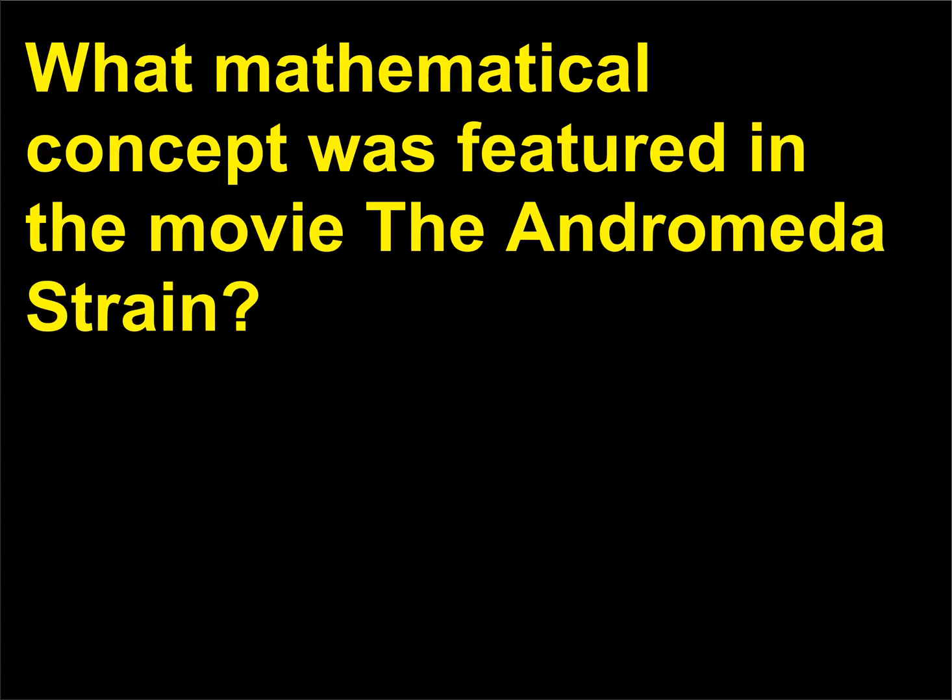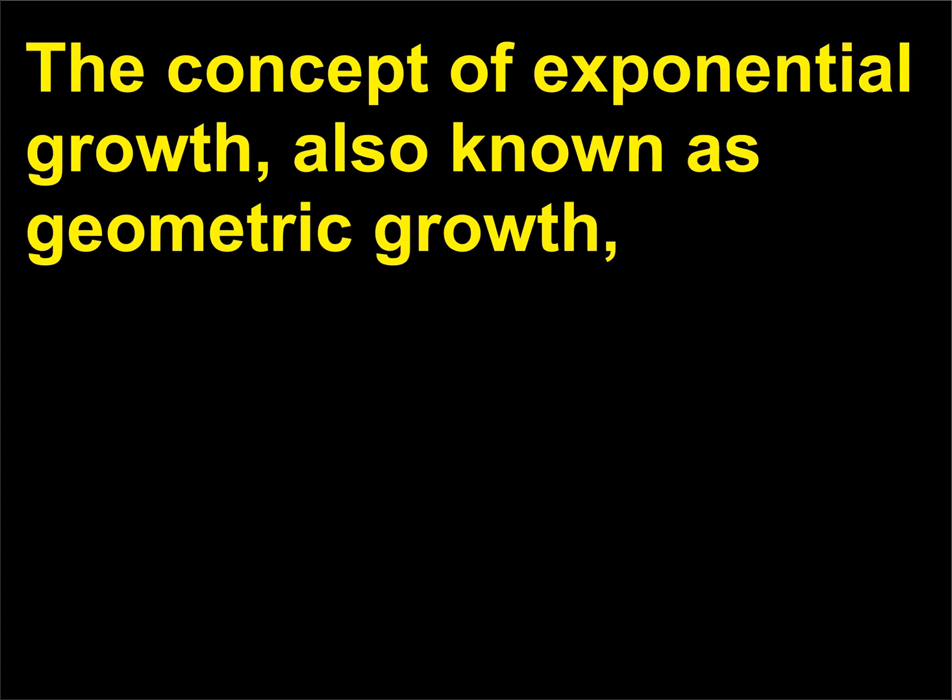What mathematical concept was featured in the movie The Andromeda Strain? The concept of exponential growth, also known as geometric growth, provided the tension in this movie and the book on which it was based.